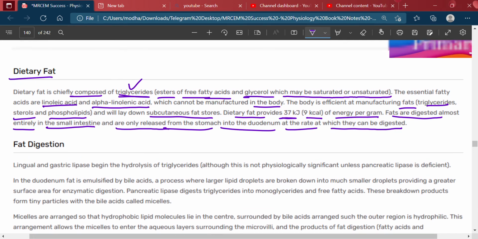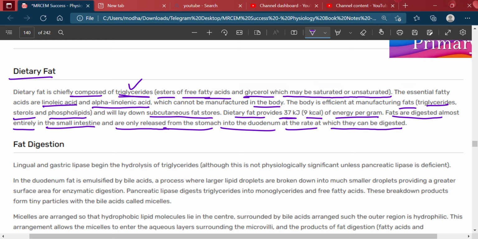So what we have seen here is that dietary fat is chiefly composed of triglyceride. The essential fatty acids are linoleic acid and alpha-linolenic acid, which cannot be manufactured in the body.